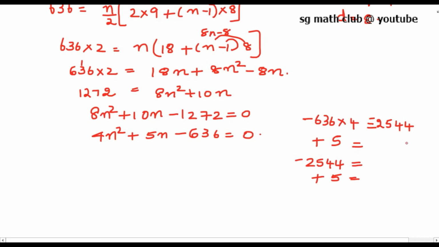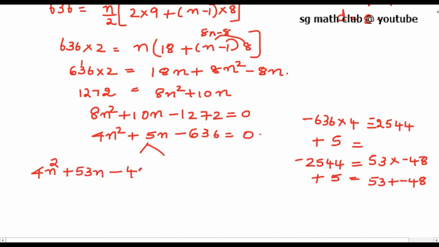So when you find out 53 into minus 48, 53 plus minus 48, now you can split this middle term. 4n square plus 53n minus 48n minus 636 equal to 0.